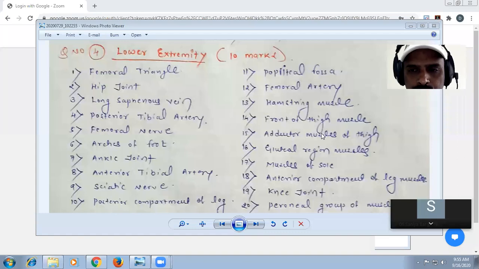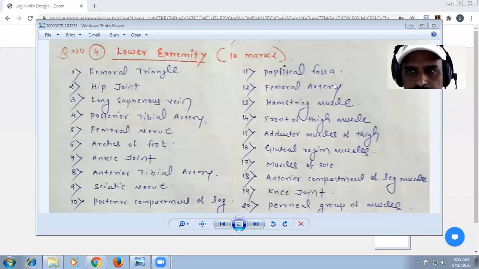So I'm not going to tell you all the details of femoral triangle because many times we have already dictated and told it to you. In this, I am dealing with the reverse way, because that is very important. But again, I am going to tell you what the important things are.